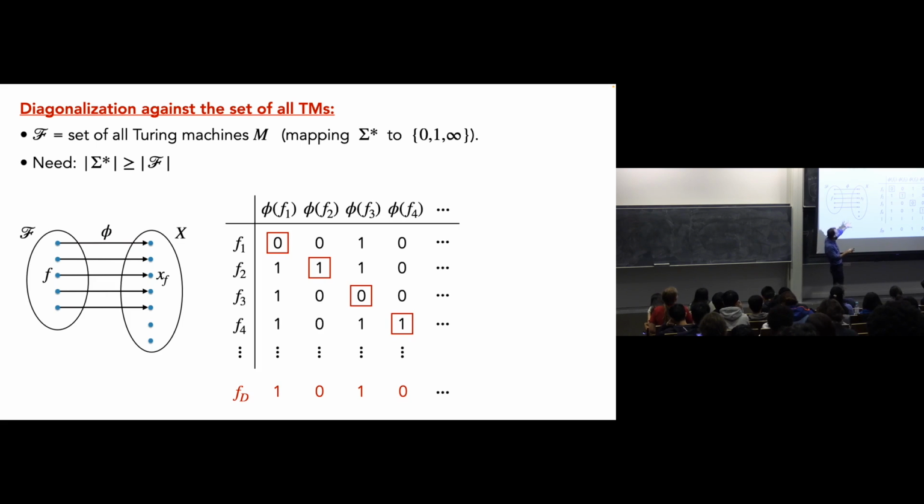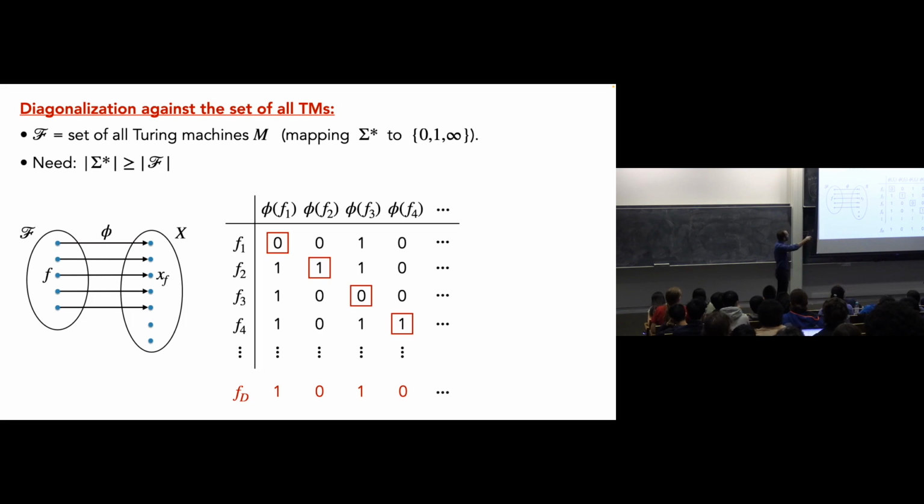And I want to apply diagonalization. What is the condition that I need to apply diagonalization? I need that the input space, in this case sigma star, is at least as large as curly F, which is the set of all Turing machines. Is that condition satisfied? What's another way to say this? There is an injection from curly F to sigma star. That's the definition of encodability.